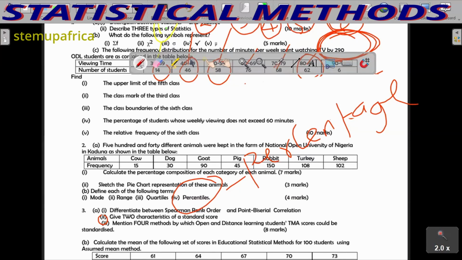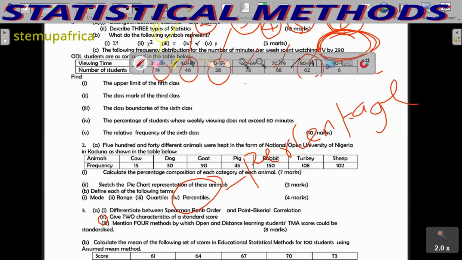Then the other one, they call it point biserial correlation. So correlation also is to test the relationship between two variables.